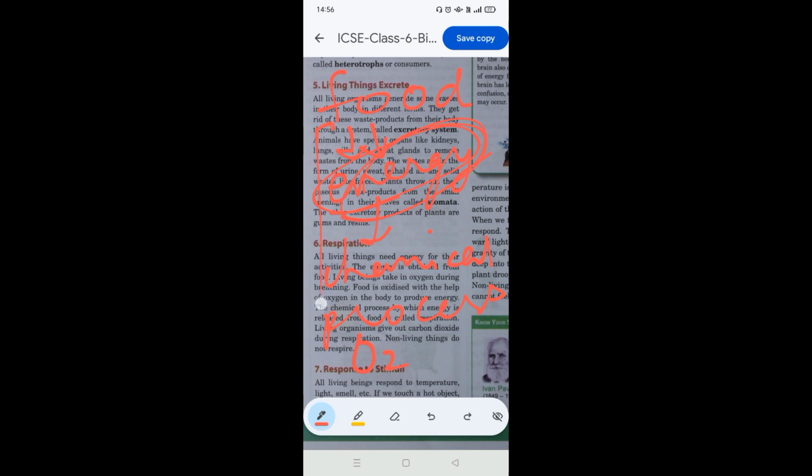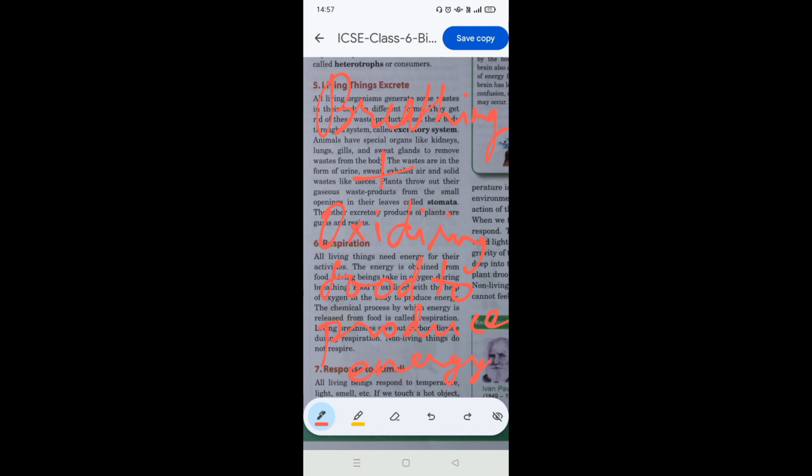The food we intake is oxidized by this oxygen, and when we respire, we release carbon dioxide, which is CO2.